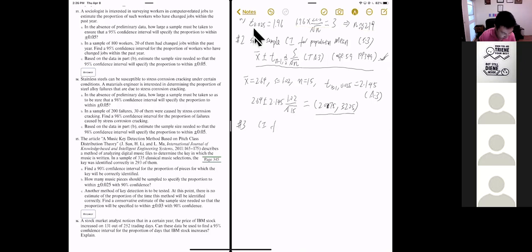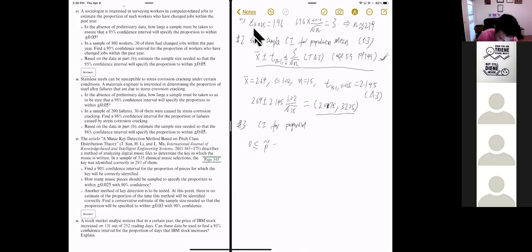CI for proportion. Let me write down the equation. Confidence interval for proportion is between 0 and 1, so it cannot be less than 0 and cannot be larger than 1.